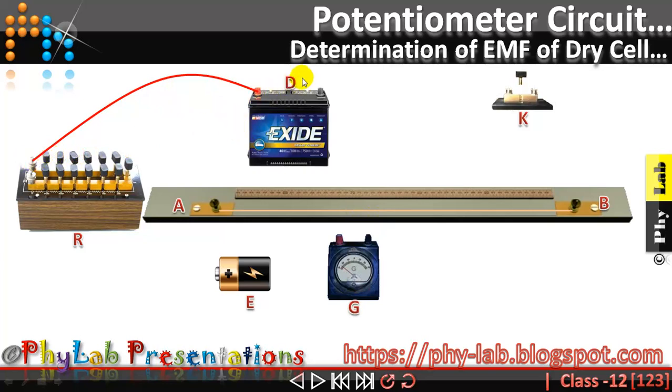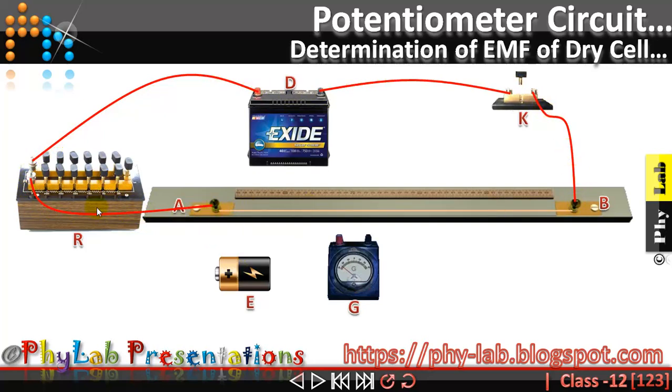Then from the negative terminal of the DC power supply I connect one terminal of the key, and the other terminal of the key I connect to the end B, and from the other terminal of the resistance box I connect to the terminal A. This makes our primary circuit.